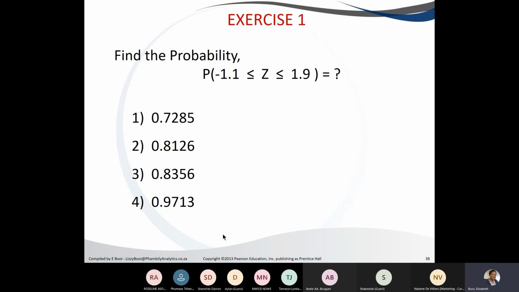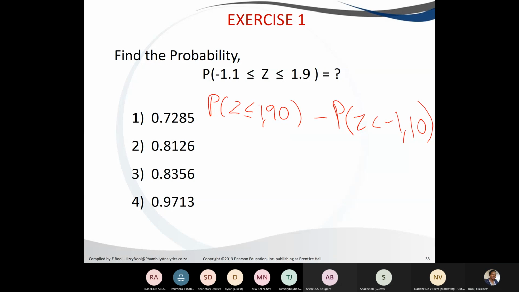Just to give you a hint, you just use the probability of Z less than 1.90 minus the probability of Z less than minus 1.10. Use those values, go to the table, and find the probability of each one of them.